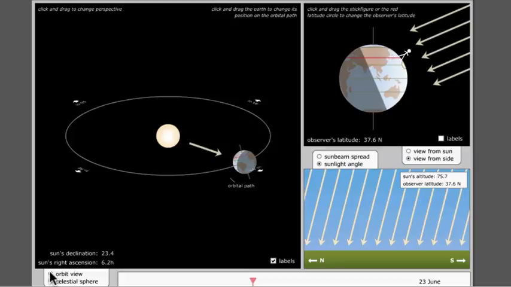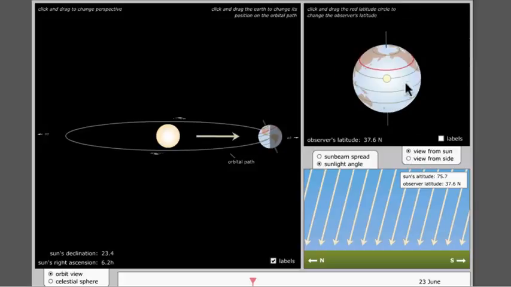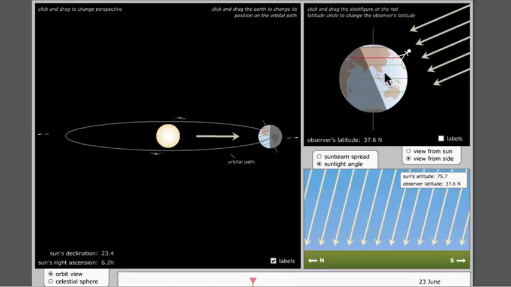What that means from the point of view of the orbit is that the direction in which the Earth's north pole is tilted, which is always toward the same direction, is now the direction of the sun. So now points all the way to within a circle of 23.5 degrees latitude around the North Pole are visible from the sun and therefore have continuous sunlight throughout 24 hours, whereas a full circle of radius 23.5 degrees around the South Pole is invisible to the sun, and the sun never rises there.